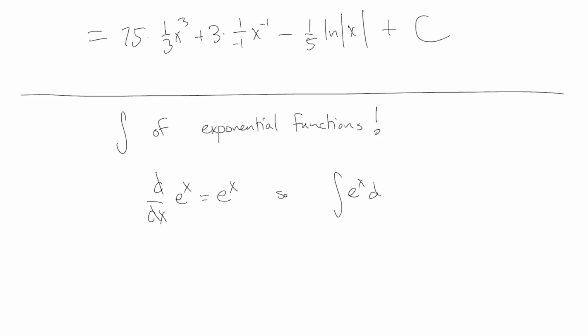Well, it's the same thing again, right? When you take the derivative of e to the x, the answer is e to the x. That means if I ask you to do it backwards, you again just get the same thing again. The antiderivative of e to the x is e to the x, plus c, of course.